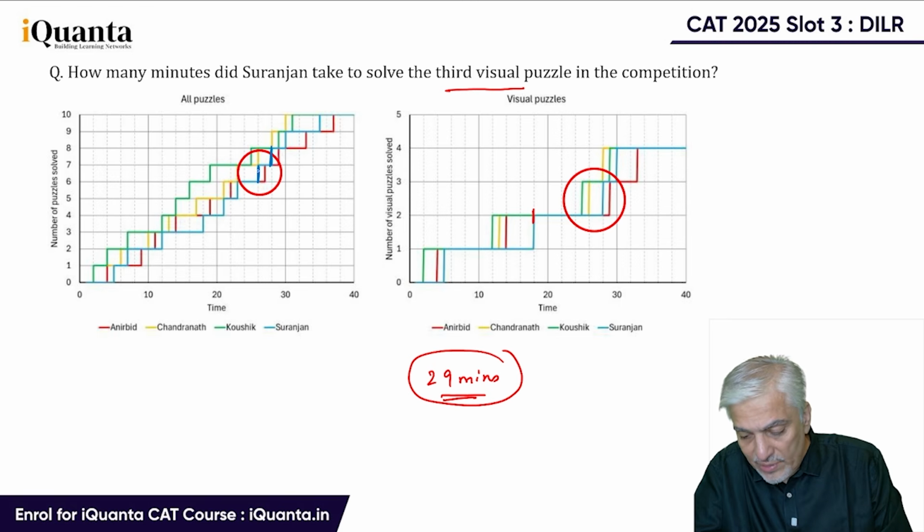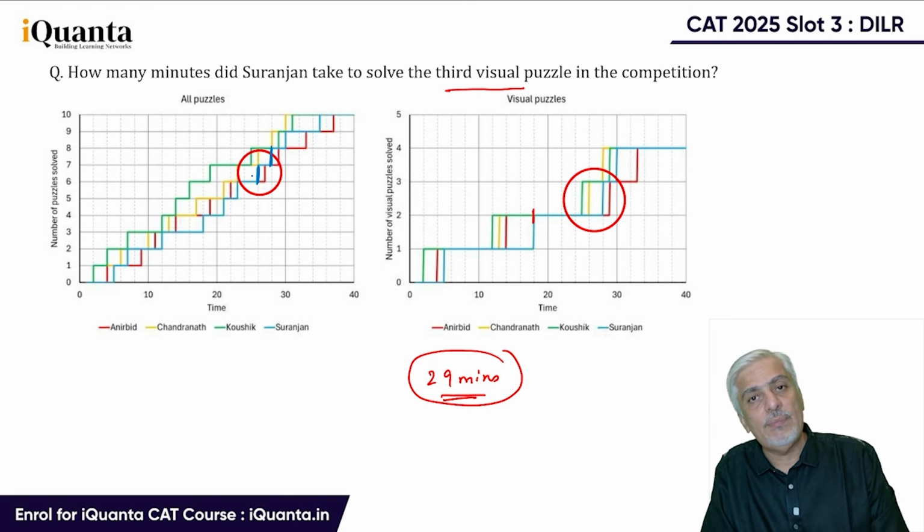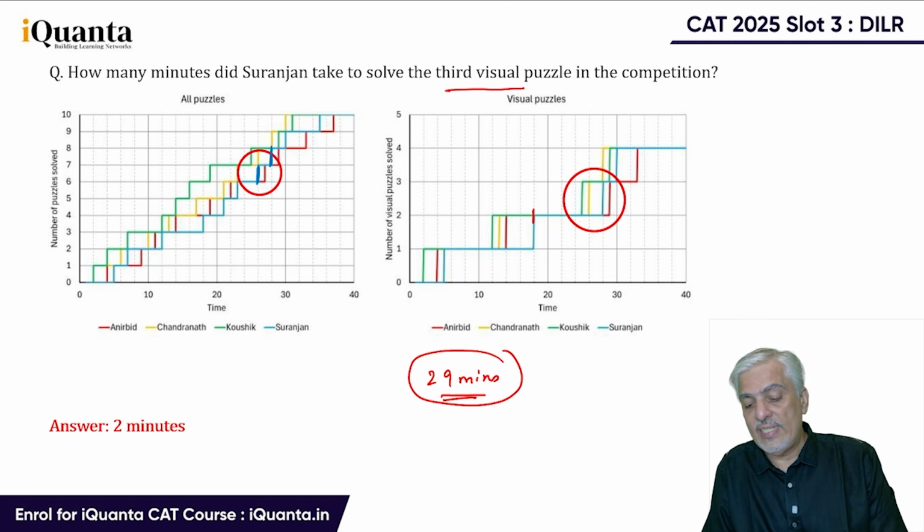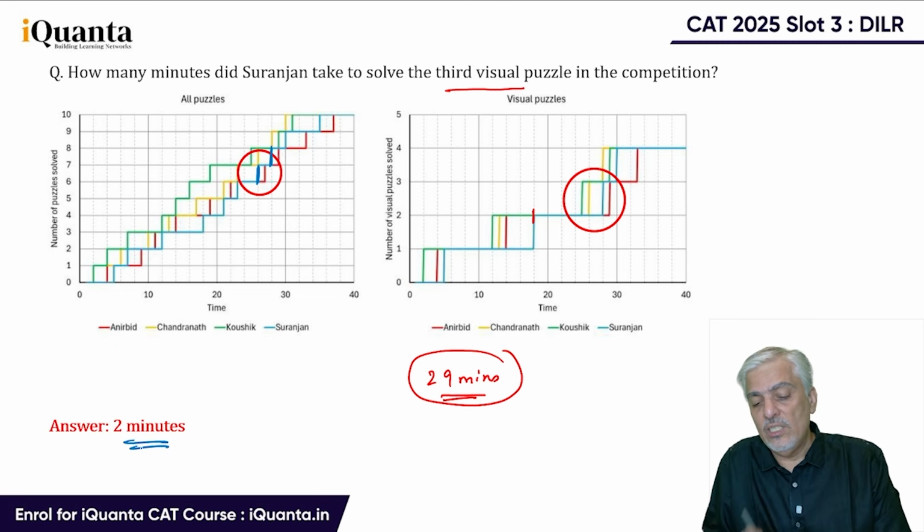So he must have finished one number based puzzle at the 27th minute, and he completed the visual puzzle at the 29th minute. So his third visual based puzzle, he finished at 29 minutes, started at the 27th minute. So hence took 2 minutes exactly, and that's the answer. So if you understood the set, it was very easy.